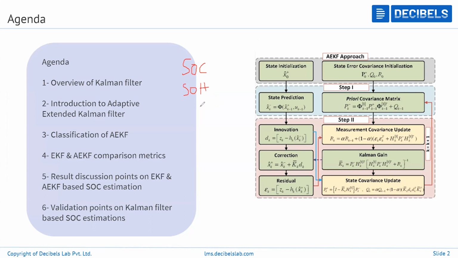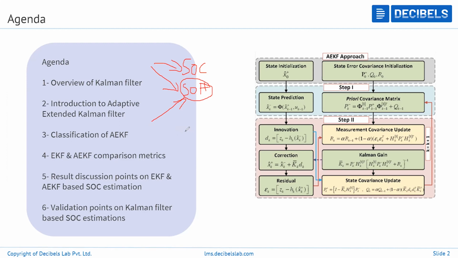Knowing the capacity of the cell, we come up with SOC by getting to know the instantaneous capacity, and knowing the overall capacity over the period of the cycle, we can come up with SOH. Even based on the cell resistance, we come up with SOH estimation.